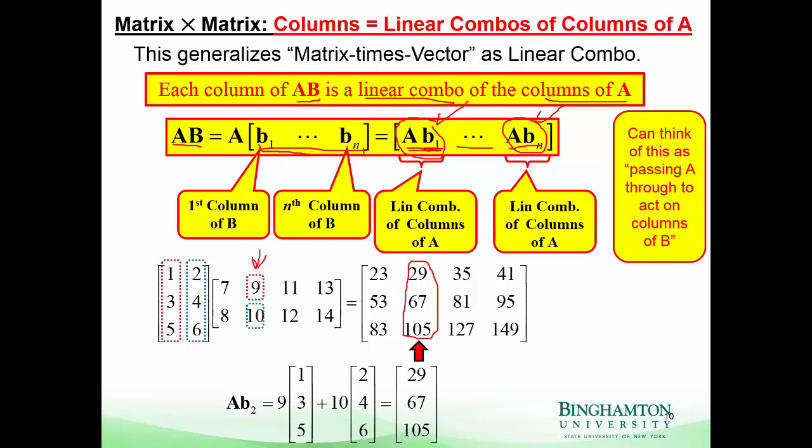But then remember that it's a linear combination of these two columns, and the weights are 9 and 10. So that's why I have a red around the 9 and a red around the 1, 3, 5. So the linear combination is going to be 9 times the first column, and then 10 times the second column. And if you work all that out, you get 29, 67, 105, which is the second column of the result.